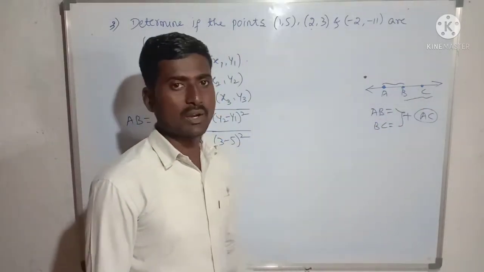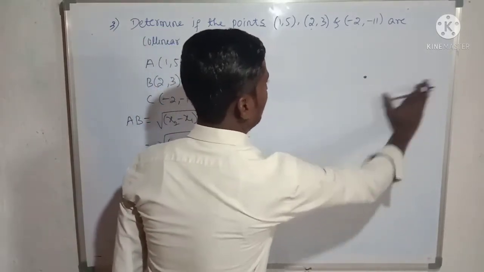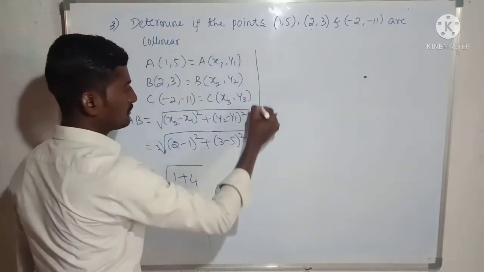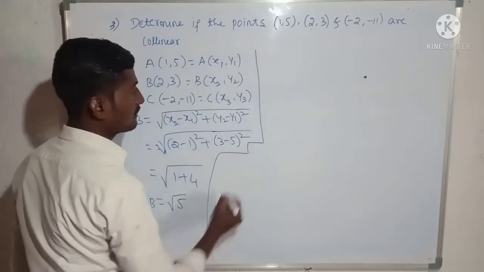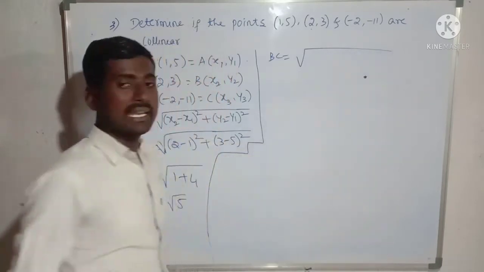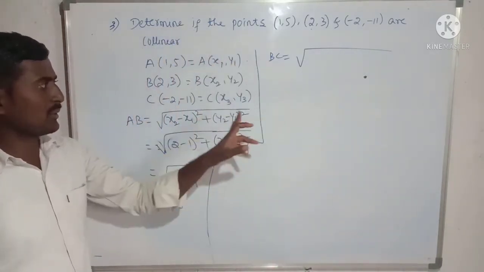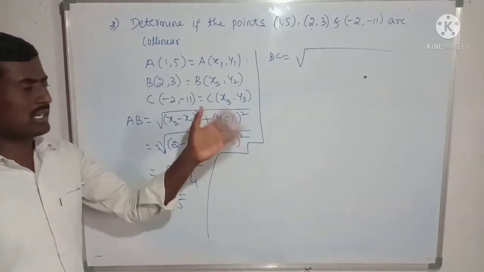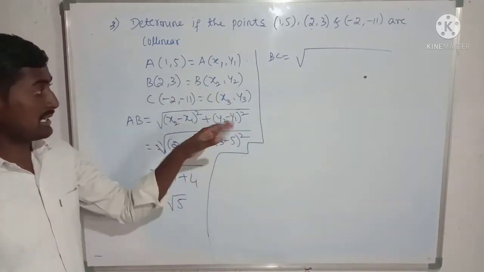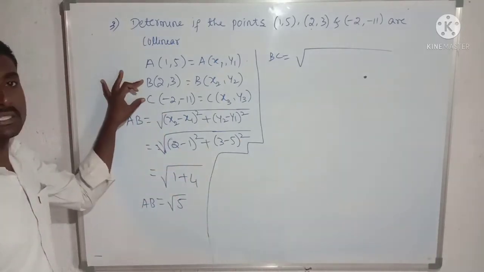Then what you have to find? BC you have to find now. So let us find BC. Here again no need to write the distance formula. Whether it is x3 minus x2 whole square or x2 minus x3 whole square, whatever may be the formula, you concentrate on these 2 points only.